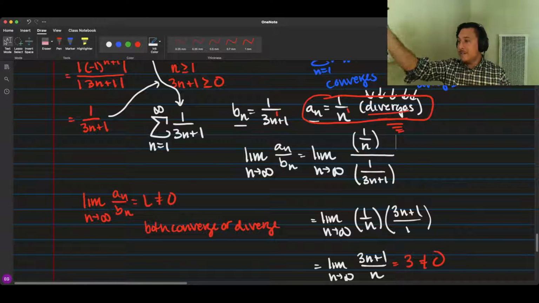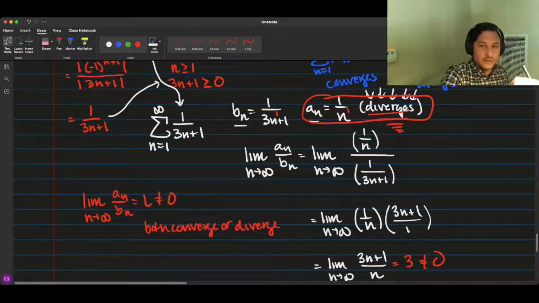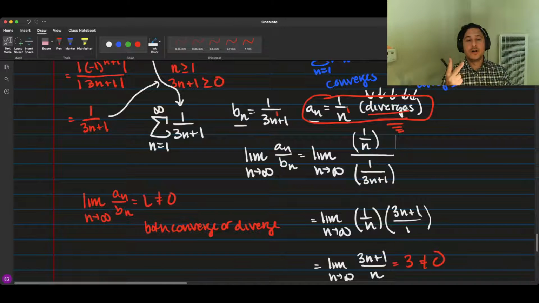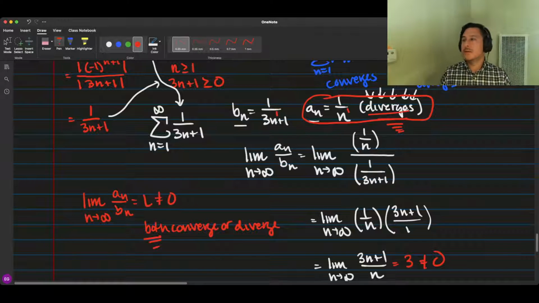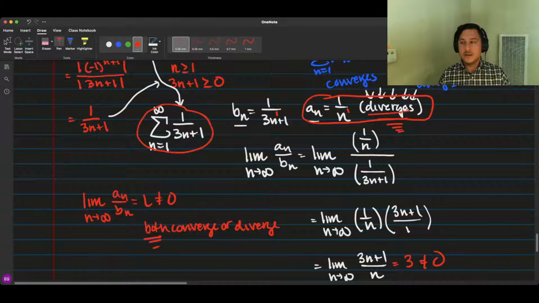Because an diverges, bn also diverges. They have to converge or diverge together. Because I got something not equal to 0, I know that the other one also diverges. I don't know if this one converges or diverges, so I call that my bn. So I compared it to something which diverges. The limit comparison test tells me now that this one also diverges.